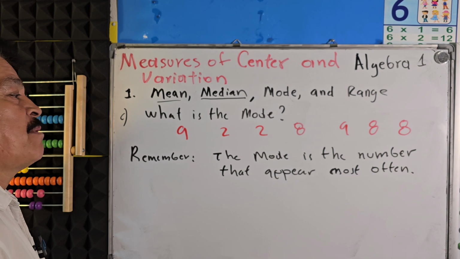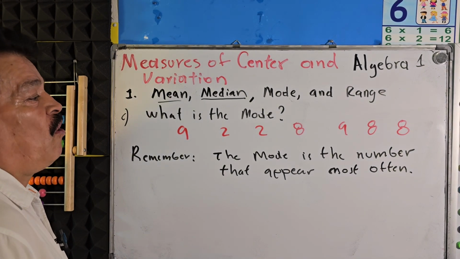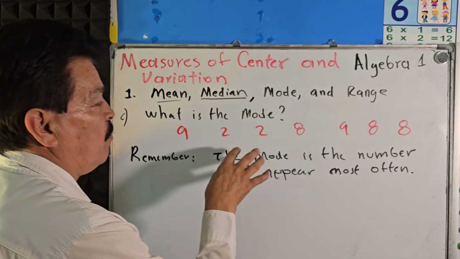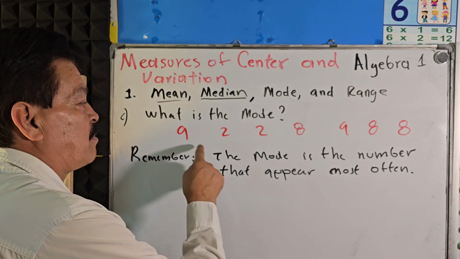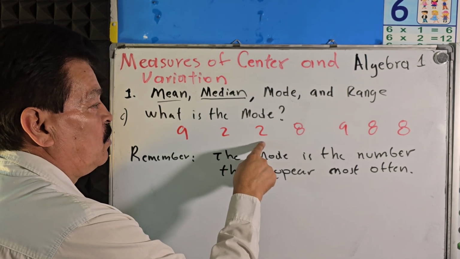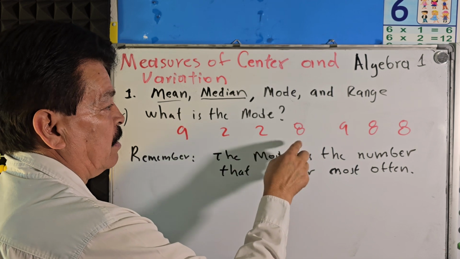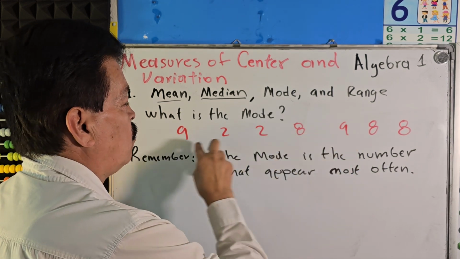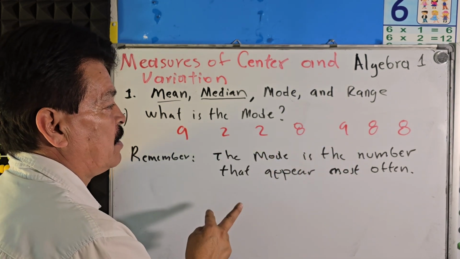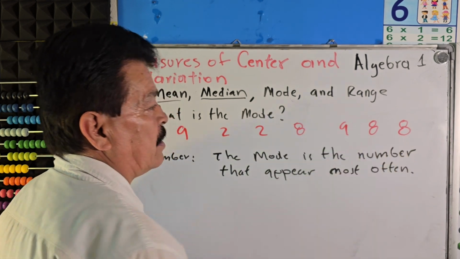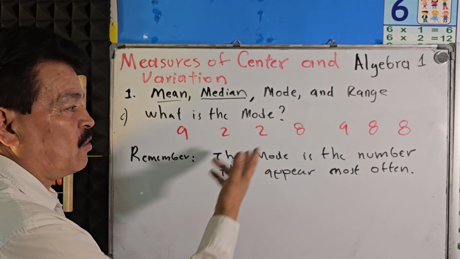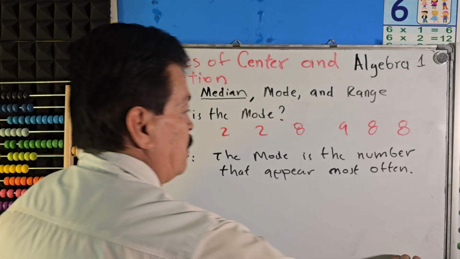See, the mode is a number that appears more often. In this case, which number appears more times? We have 9, we have 2 times, and then we have 9 also appear, you see, 2 times, and then 8, 1, 2, 3. So immediately you see what is the answer here, right?